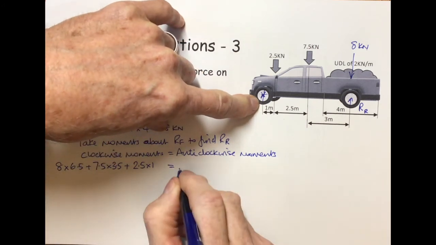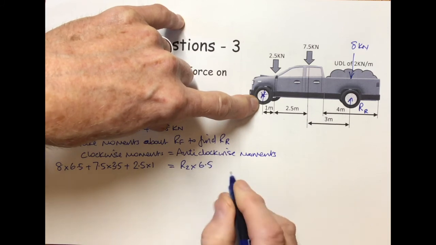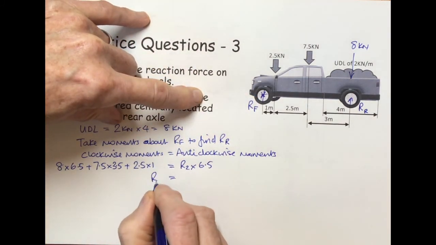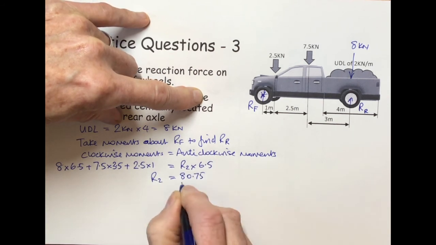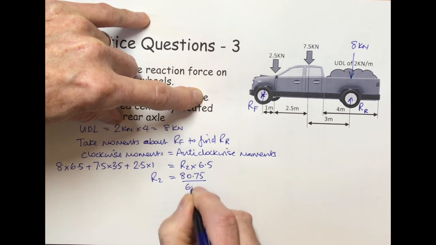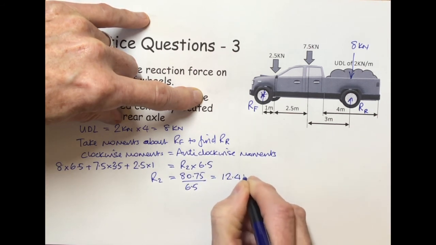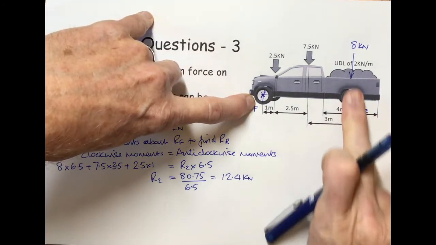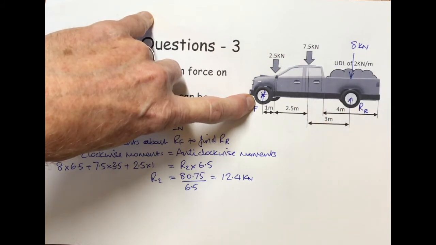So that's going to be R2 times 6.5. Then all you've got to do is to put the numbers in and rearrange the equation. R2 equals 80.75 divided by 6.5, which comes out at 12.4 kilonewtons. So the reaction force there is 12.4 kilonewtons pushing up to counteract all of these here.